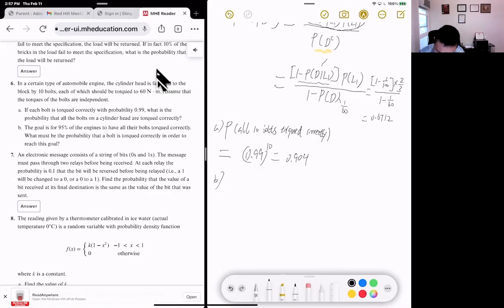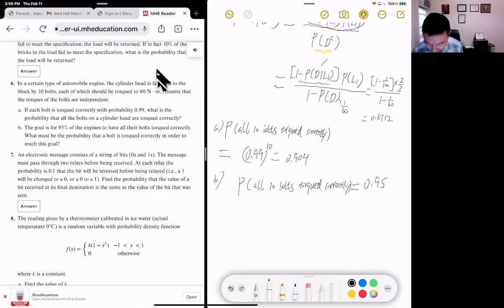So the question is telling us we want the probability that all 10 bolts are torqued correctly to be 95%, 0.95. And we try to find for each bolt what the percentage torqued correctly should be.